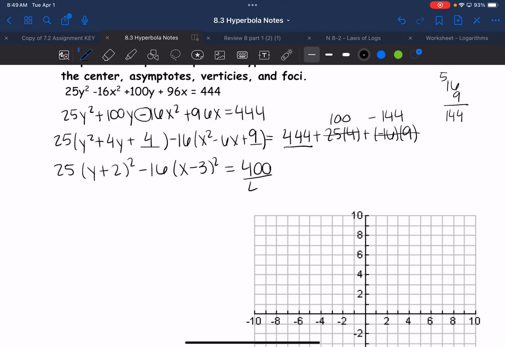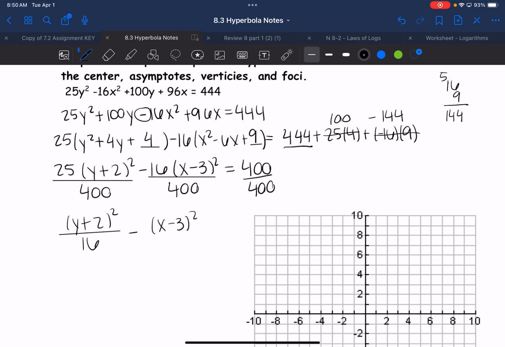Right, divide everything by 400. All right, so 25 over 400 would simplify to 16, right? So I'd have y plus 2 quantity squared over 16 minus 16 over 400 would simplify to 25, right? So x minus 3 quantity squared over 25 equals 1.